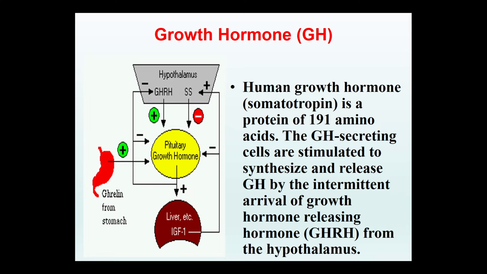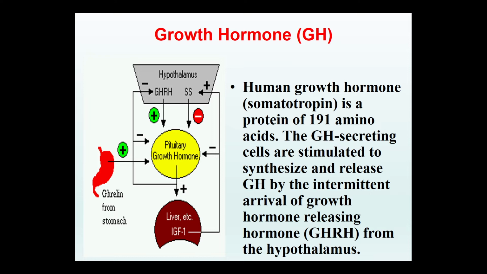Growth hormone releasing factor is a hypothalamic peptide that stimulates both synthesis and secretion of growth hormone in the pituitary. Somatostatin, upside down, leads to the block of growth hormone synthesis.